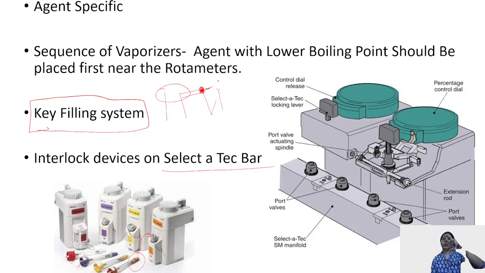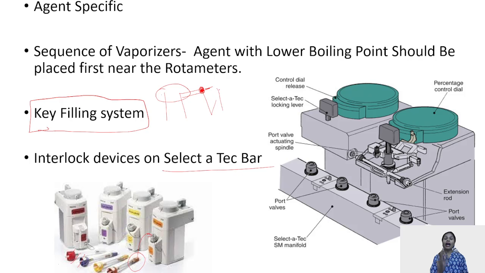The concentration dial of the second vaporizer is never going to move. That is your interlock. Your Selectatec bar has an interlock mechanism such that if one vaporizer is switched on, a pin is going to come out and stop the movement of the second concentration dial. That is true even if you have three vaporizers, 1, 2, 3. If the third is switched on, 2 and 1 can never get switched on.